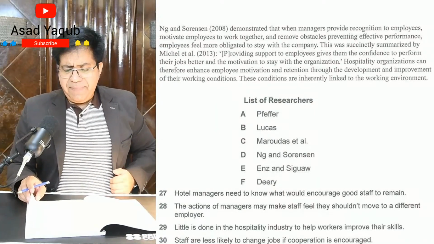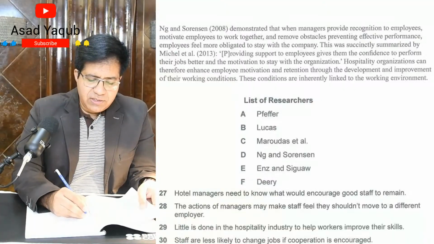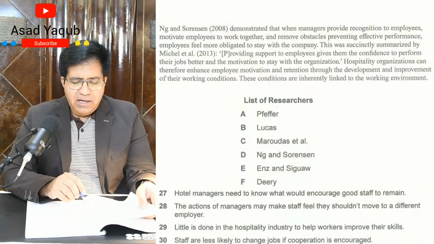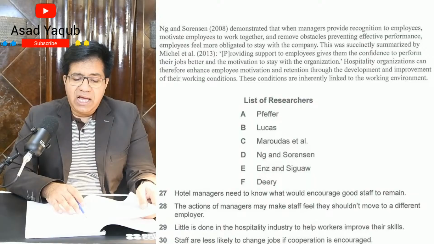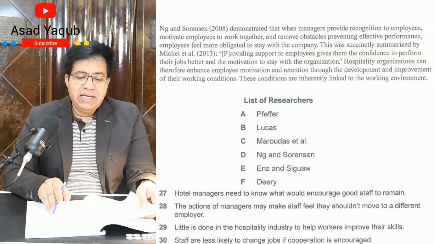Doesn't it ring a bell? Another answer. Read more questions. Read questions 27, 30. 30 also. Staff are less likely to change jobs if cooperation is encouraged.